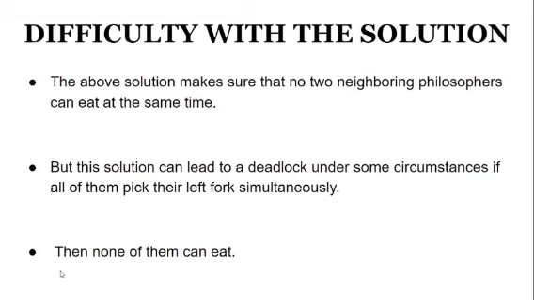As all the philosophers pick the fork simultaneously, all the neighboring philosophers will also pick the fork simultaneously, which will lead to the previous problem, and hence there will be deadlock and none of them will be able to eat. Now this is how this solution is a failure only under a certain circumstance.